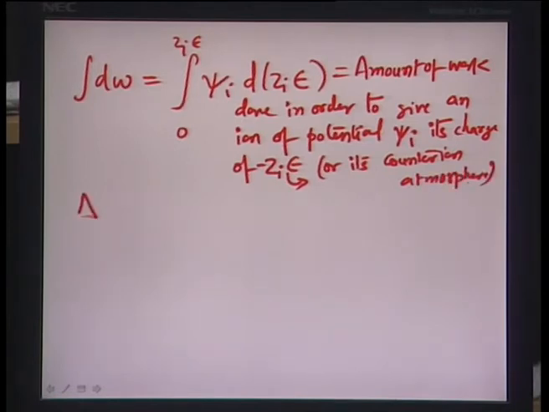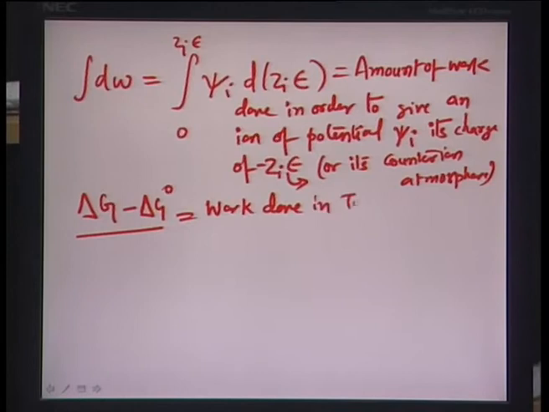So, the delta G minus delta G naught for concentration equal to 1, which is actually equal to the work done in totality, per mole. So, essentially this is the work done in totality.